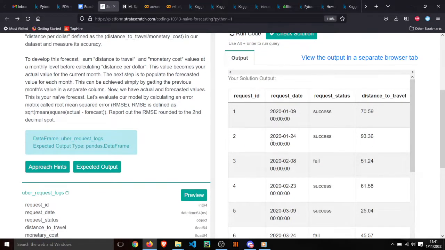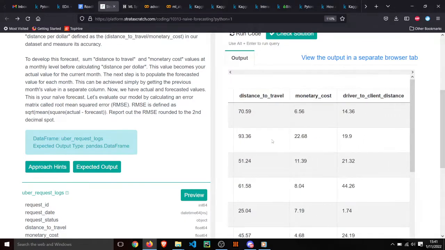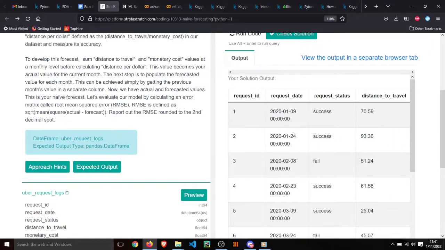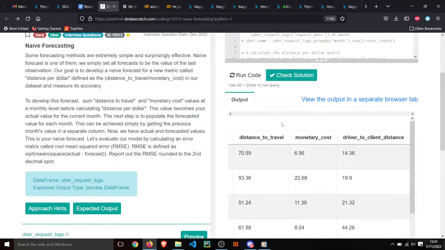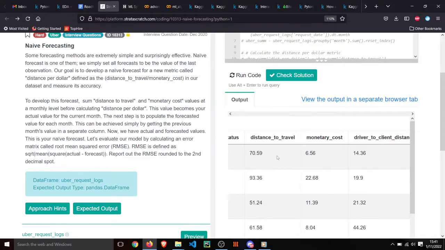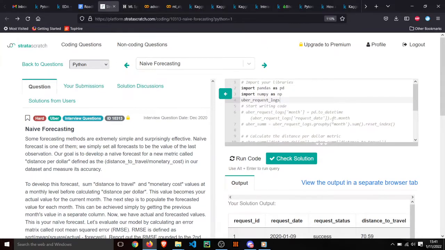We have the request ID, request date, status, distance to travel, monetary cost. So our columns of interest are request date, monetary cost, and distance to travel, these three columns, right? So first we need to extract the month from this request date, because we need to aggregate at the monthly level.